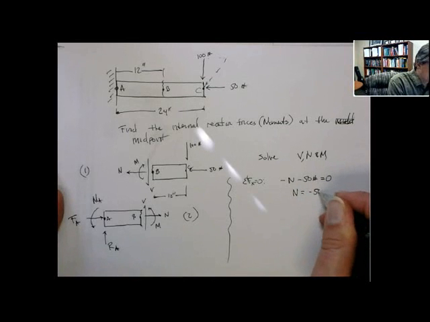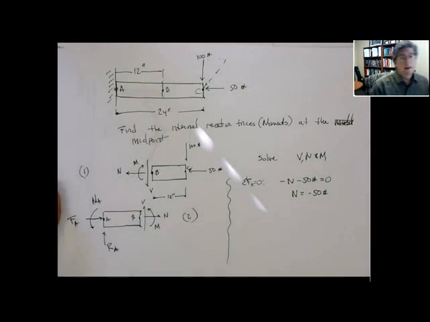N equals minus 50 pounds. Okay? Now, let me mention something about the direction of the internal reaction forces. Okay? Again, as with the external ones, it's up to you to choose the orientation. And honestly, it doesn't matter again.